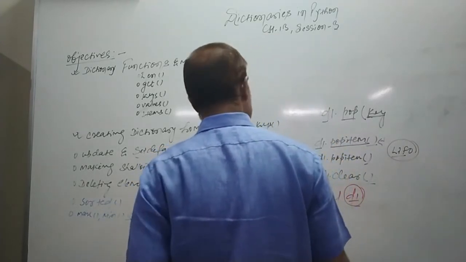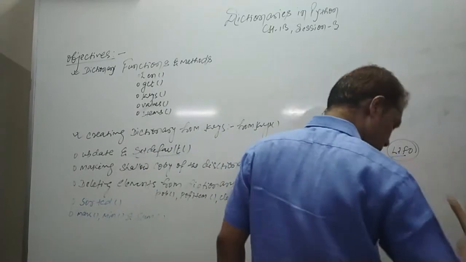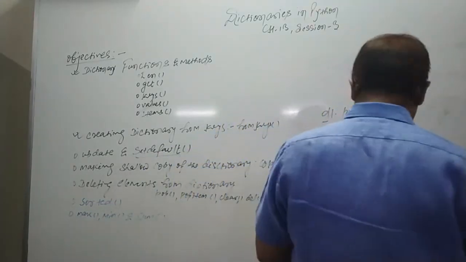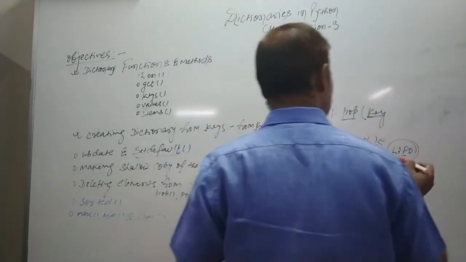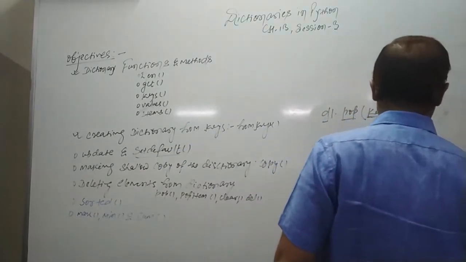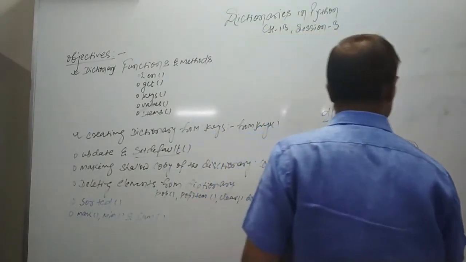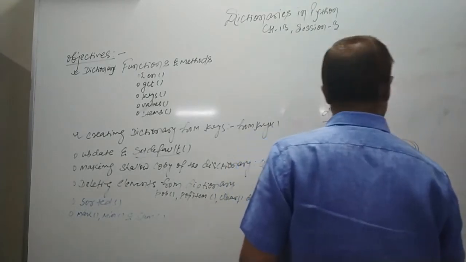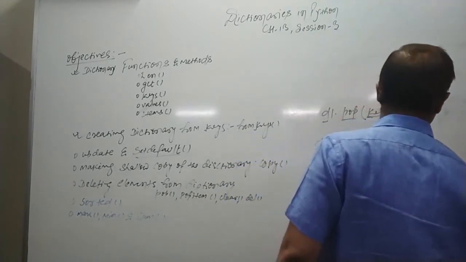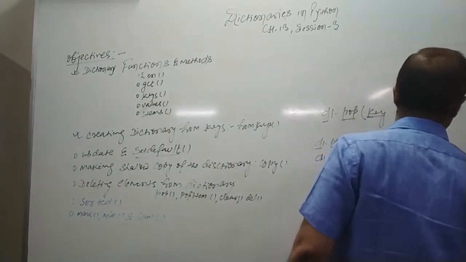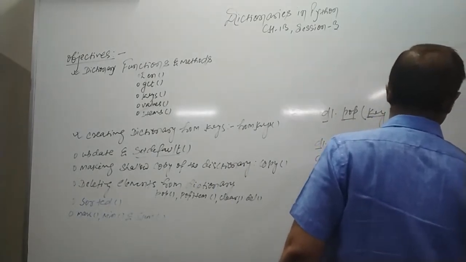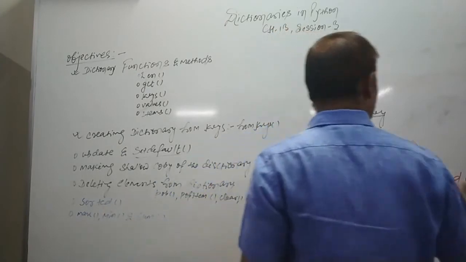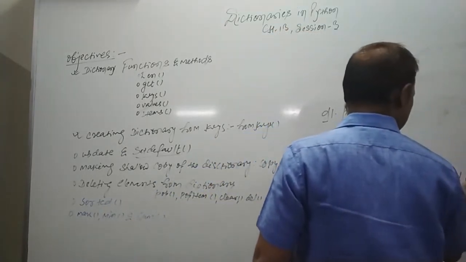Now the sorted method simply helps us to sort on the basis of the keys. Mind it, you have to use the sorted method, it returns the sorted keys. For example, x = d1.sorted method.